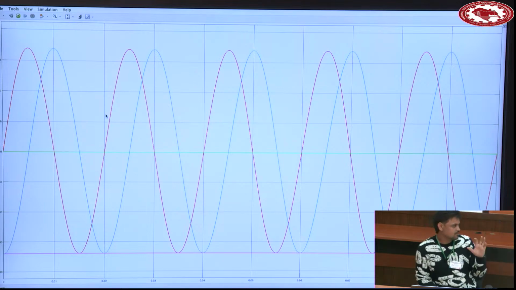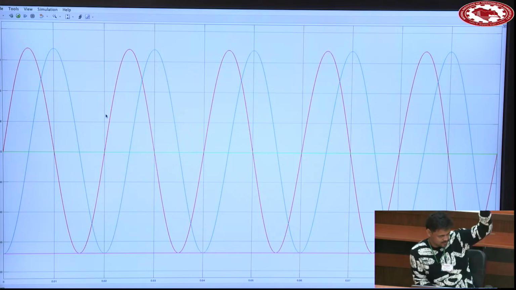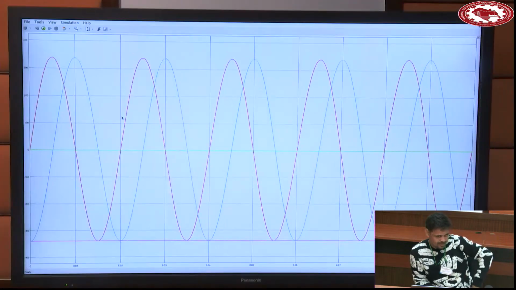Please remember the concept. The position of the reference frame is that D is aligned with A and Q is perpendicular to that, and the initial position of the rotating vector is going to be 90 degrees behind phase A. What do you think? VD should be 0, VQ should be the negative of the peak.